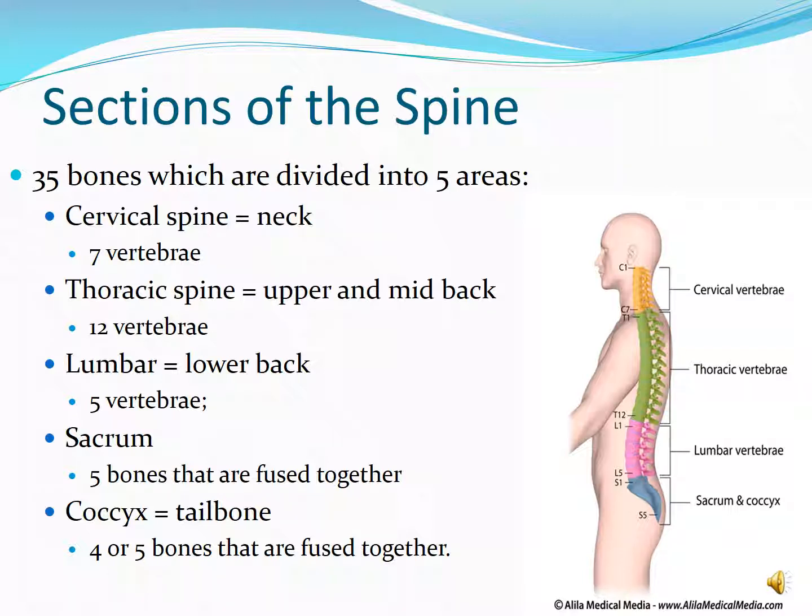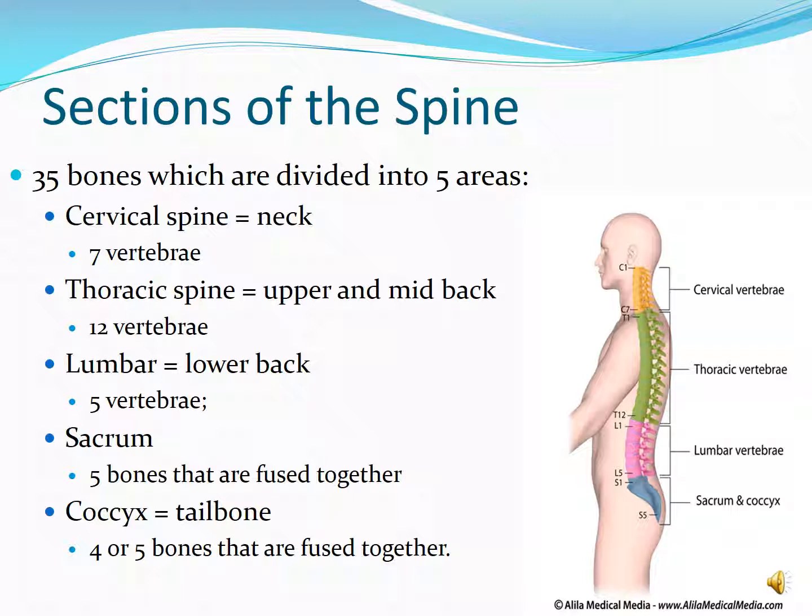The next is your lumbar spine. I always like to remember L for lumbar and low back. This is your low back, okay, your lumbar vertebra. And then your sacrum. Sacrum we saw in that last picture. This is a triangular shaped bone. It actually is 5 bones that fuse together as we get older.